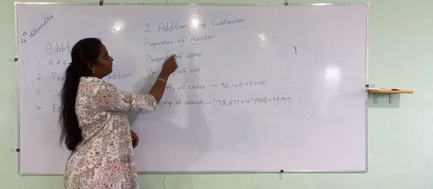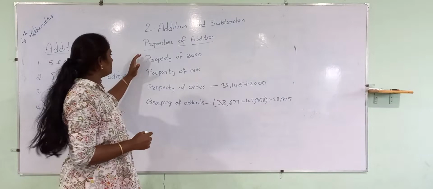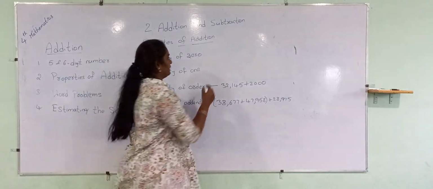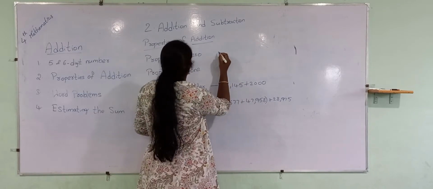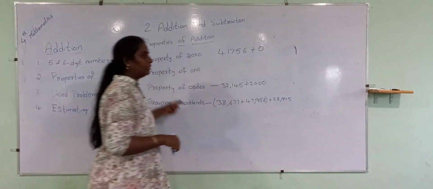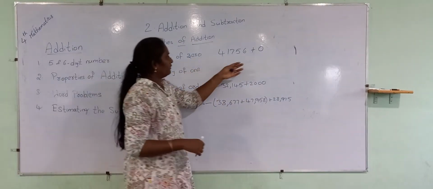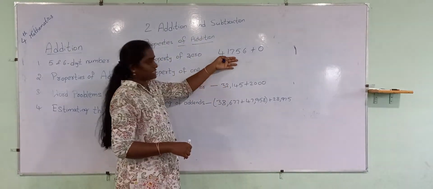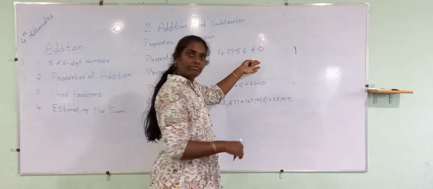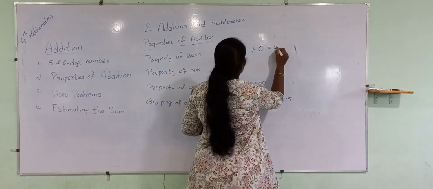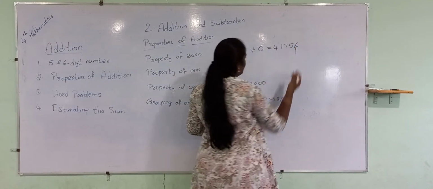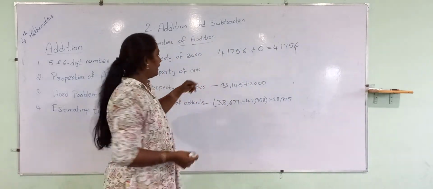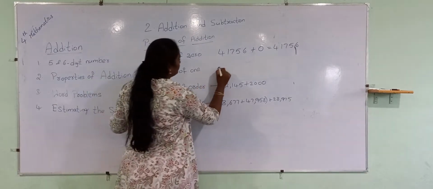Now properties of addition. In this, the first property is the property of 0. We'll do some examples. Property of 0 means we add 0 to the number. If we add 0 to this number, which answer will we get? We will get the same number, 4, 1, 7, 5, 6. There is no change. This is the property of 0. Next, property of 1.